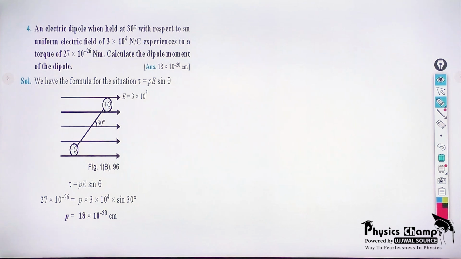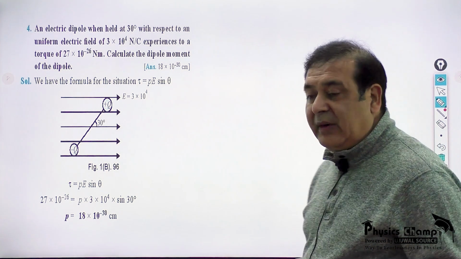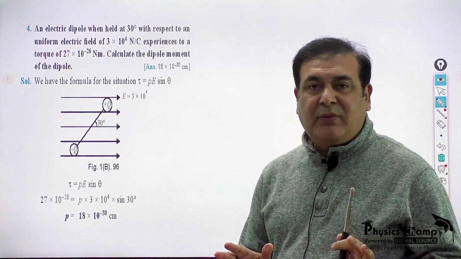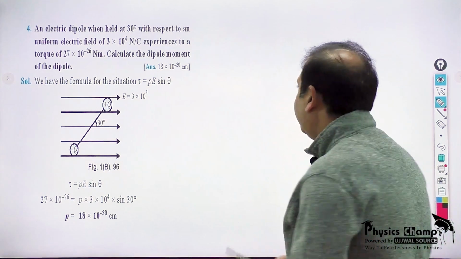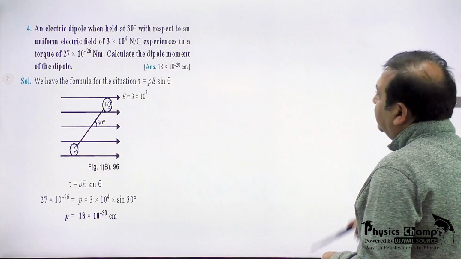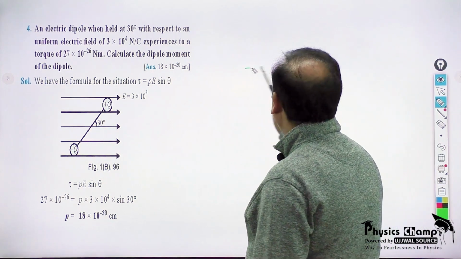As we just learned the torque and potential energy of the electric dipole in an electric field, I have got two very good examples to give you strength in terms of application of what you learned. Like question number 4, we are told an electric dipole is held at 30 degree in a uniform electric field.